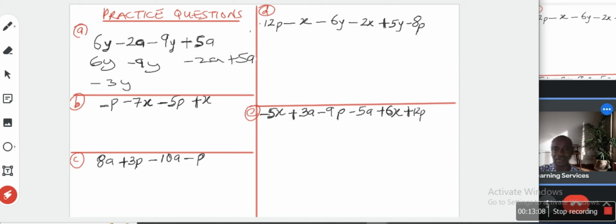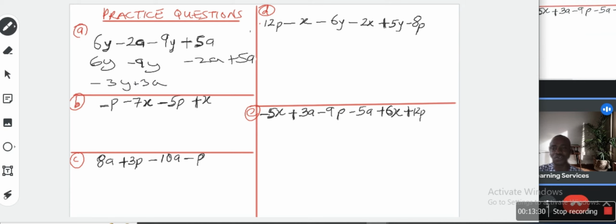Have you gotten it? That's a 3a. Okay, so write it. Do I put plus? Yes, 3a means plus because you have it. Okay, so plus 3a, which is the answer.